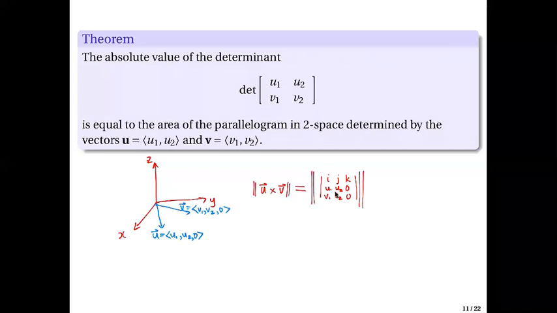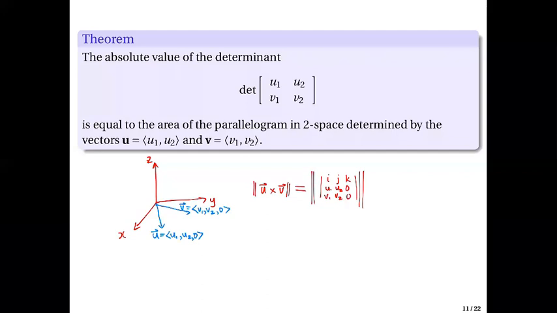So inside you have the determinant of the 3 by 3 matrix, and then you get the norm. If you look at this, you can get the determinant of this matrix by using cofactor expansion along the third column.